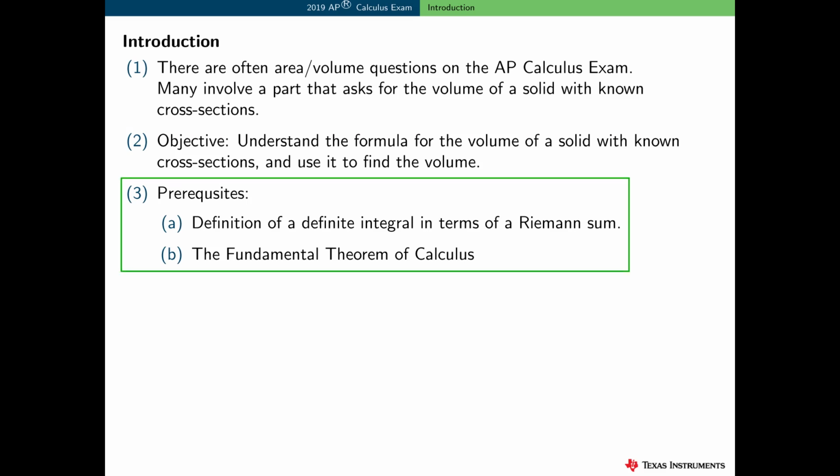Now, in order to understand where the formula comes from, I think you need to know the definition of a definite integral in terms of a Riemann sum, and we'll use this concept to derive the formula. And then to solve some of these problems, you need to know and use the fundamental theorem of calculus.